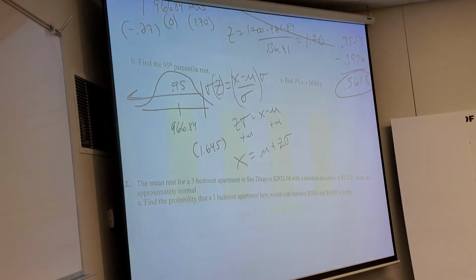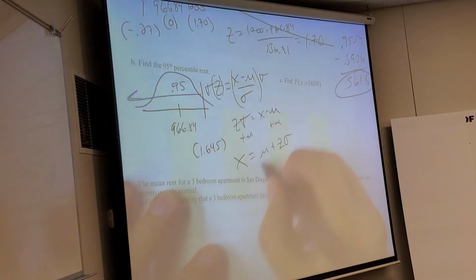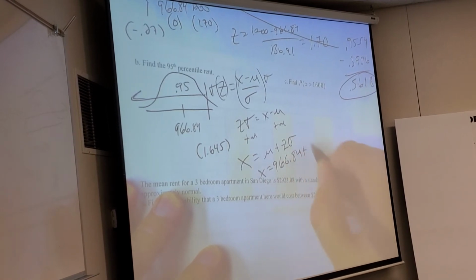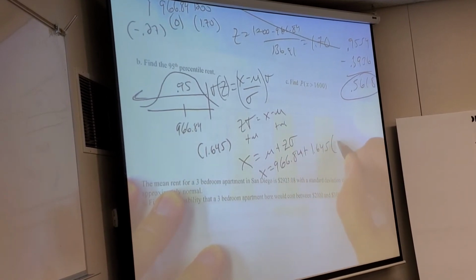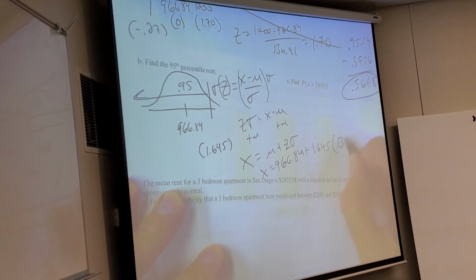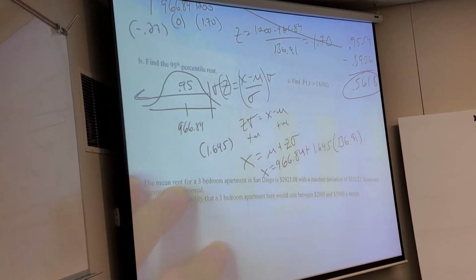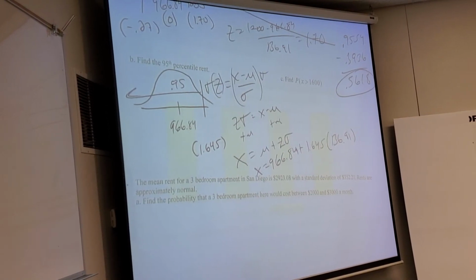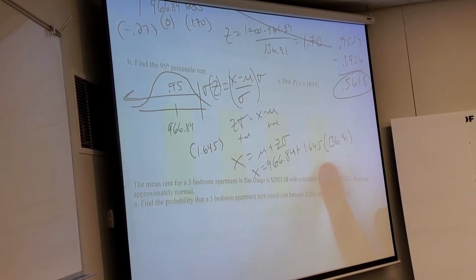So what do I know here? I know the mean, 966.84, and I want to go up this many steps. What was that? 136.91. That is actually something you had to do back in 2-7 homework, and it's something we did on the first test.